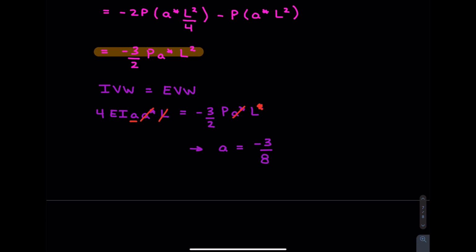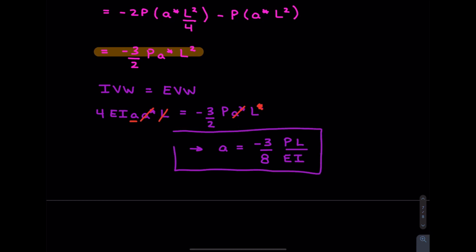At the top on the right-hand side, we have P times L, divided by what's on the left-hand side, which is E times I. And this right here is going to be our final answer.